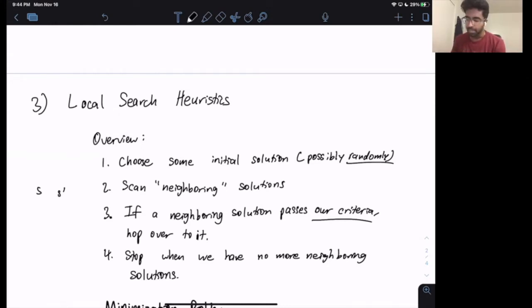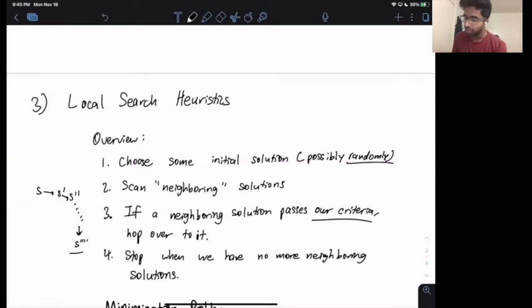So, let's say it passes our criteria, we jump over to S prime, and then we do the same for S prime, right? Find some sort of neighbor of S prime that's similar and also passes our criteria. Let's say that's, I don't know, S prime prime. Then we hop over to S prime prime. And then we keep going, iterating through neighboring solutions until we find some sort of solution that doesn't have any more neighbors for itself. Once we have that, we just return that.